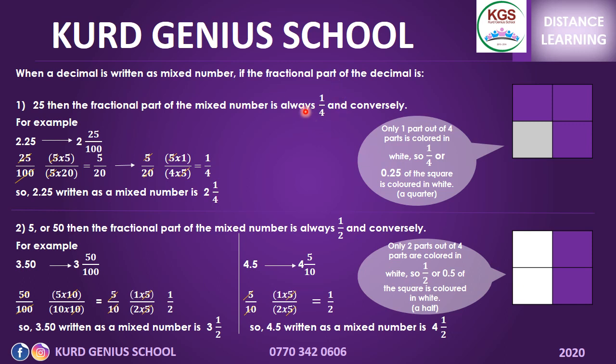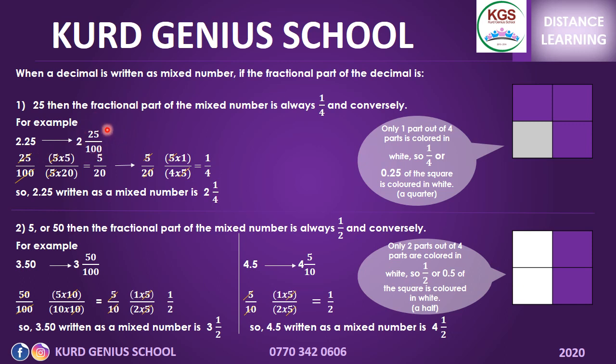And conversely, how? Here we have 2 and 25 hundredths. So, to write this number as a mixed number, you have to write 2 in the whole number part of the mixed number and 25 over 100 in the fractional part of the mixed number.